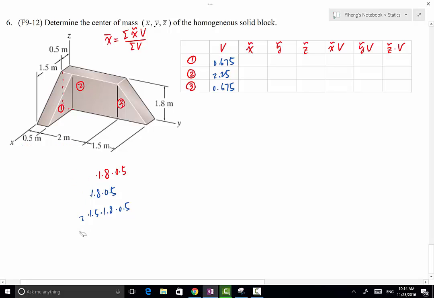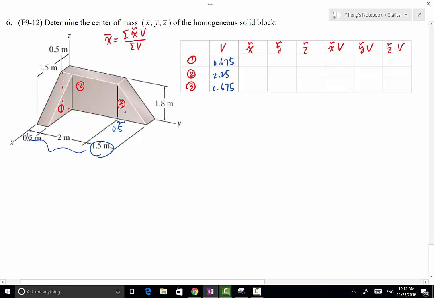So after we have calculated these volumes, we need to determine the x tilde, y tilde, and z tilde for these blocks. Let me give an example of number 3. Along the y direction, its centroid is 1/3 of its base, which is 0.5 meter, plus all the way from here to here, that's going to be 2.5.